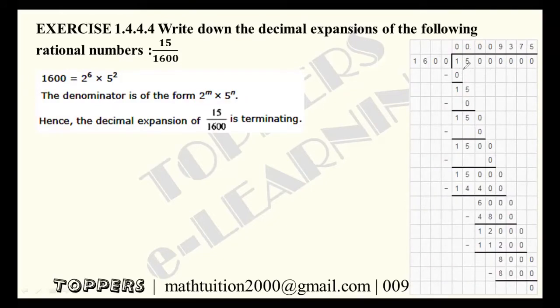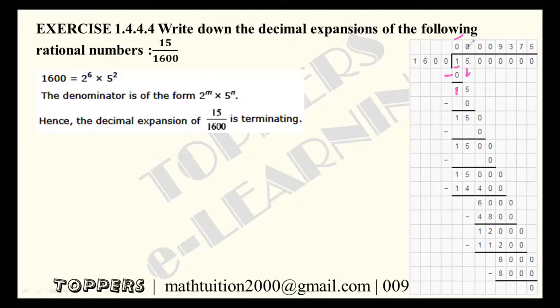Okay. We will take 1 digit. How many times in 1? 0 times. 0 into 1600, 0. On subtracting 1 minus 0, we'll get 1. Bring this 5 down, so we'll get 15.